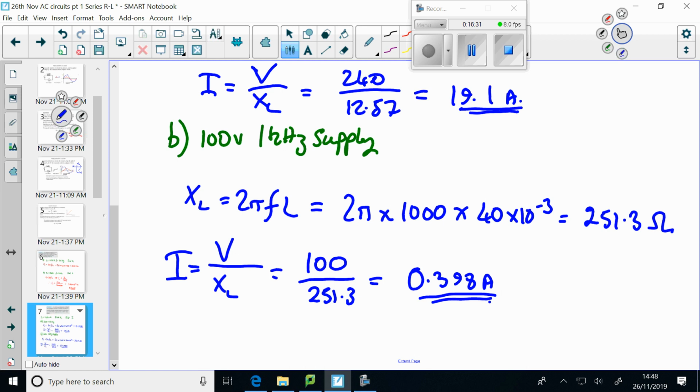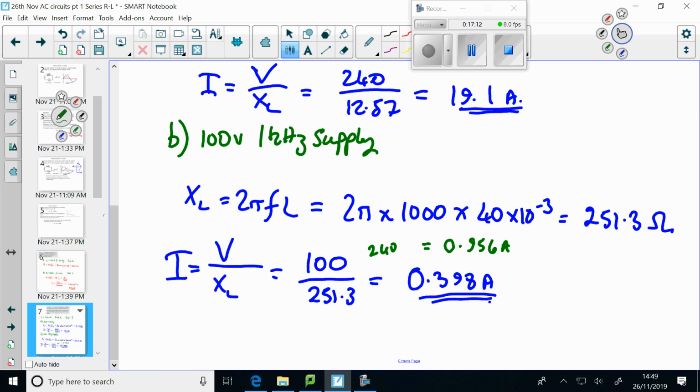Just think about this. The ideal thing here would be to keep the magnitude of the voltage the same. Just do 240 over 251.3 instead of 100. So we're talking about the same circuit, same voltage as A, so 240 volts, same inductor as A, but 1,000 hertz as opposed to 50 hertz.